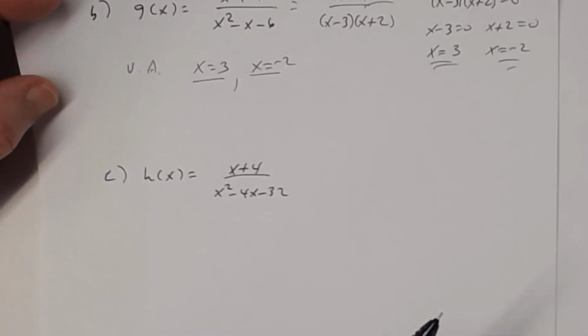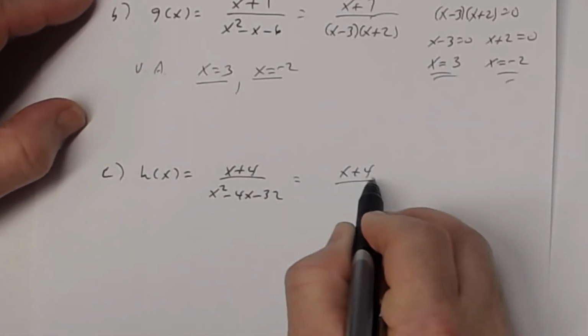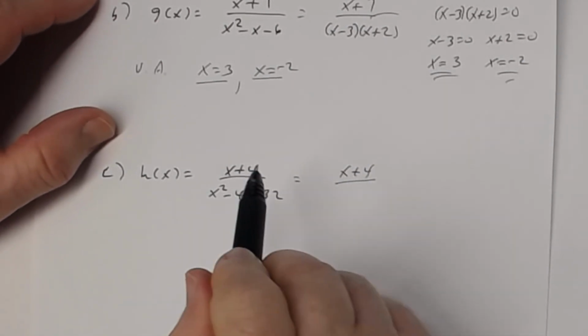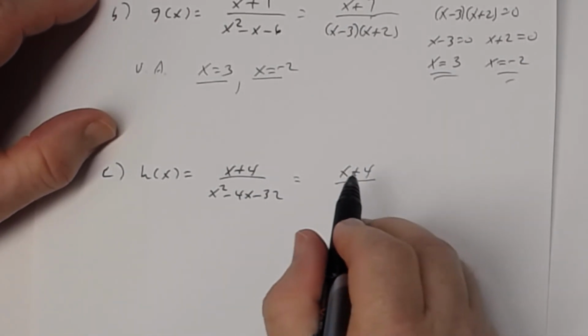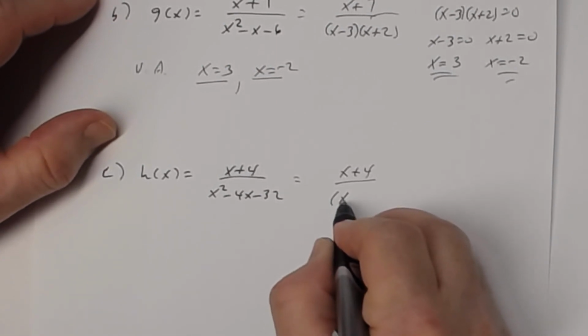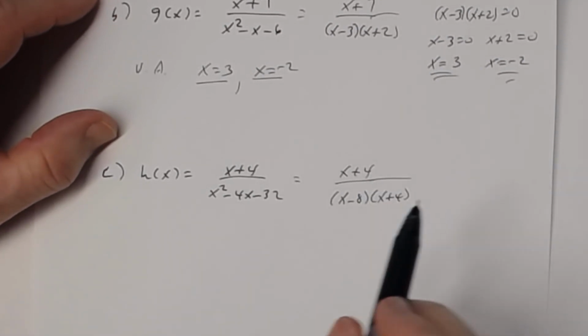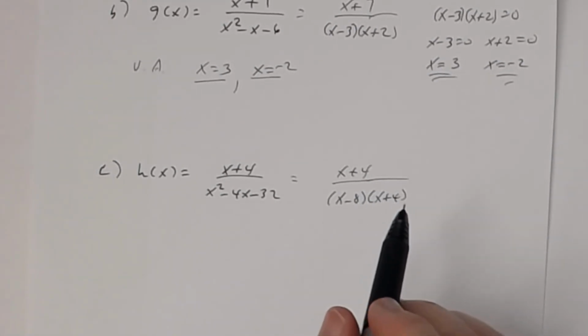Now let's look at C. In C, let's go ahead and factor numerator and denominator. So in finding the vertical asymptotes, you have to factor numerator and denominator. The numerator is already factored. Cannot do anything else to it. The denominator, I'm going to get x minus 8 times x plus 4, just like this. Now, this time, remember when we did the domain?